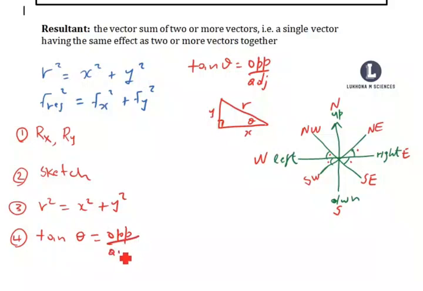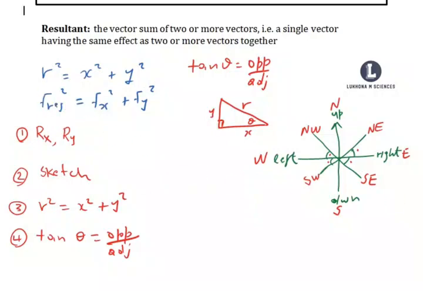Sorry for that. Then we are done. Step number 1, you combine your x. Number 2, you sketch. Then 3, Pythagoras. 4, we use tan theta. These are our steps to get the resultant with the direction.